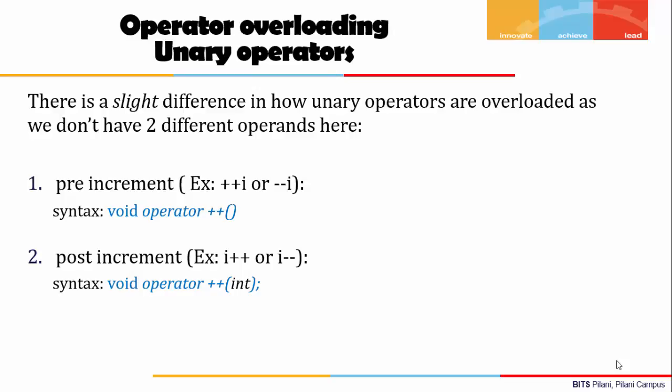So there are two different declarators for overloading the plus plus operator, the pre-increment and the post-increment. For prefix notation, it is operator plus plus in brackets. For postfix notation, it is operator plus plus with int in brackets. So the only difference is the int in parentheses.